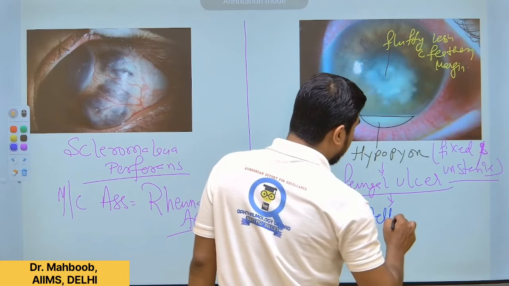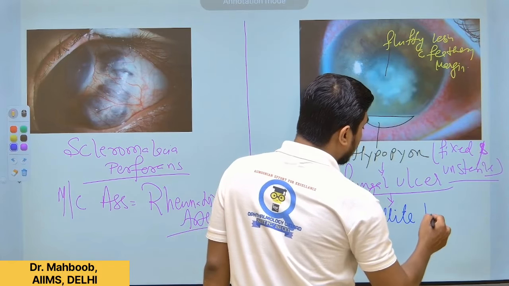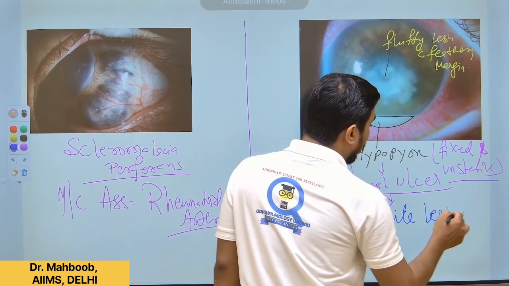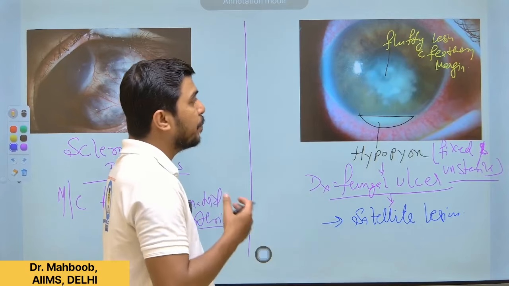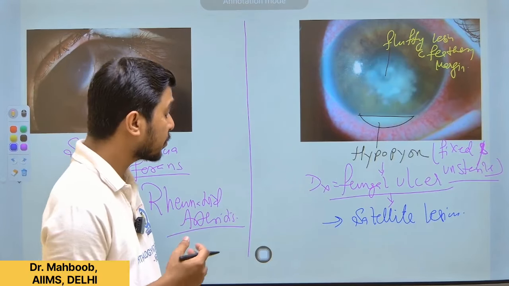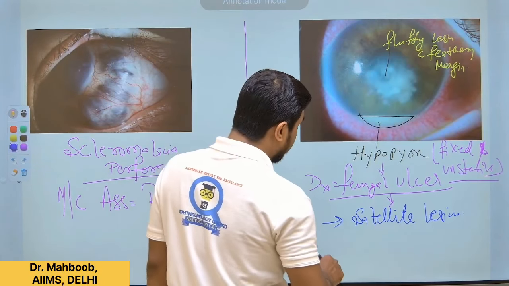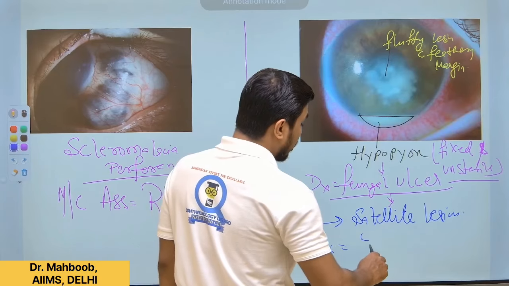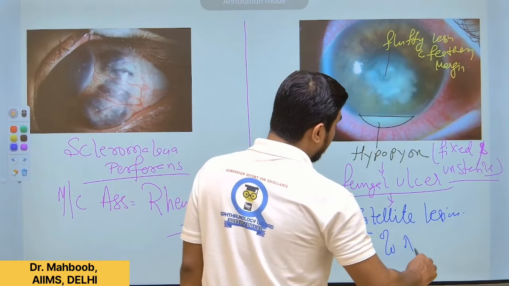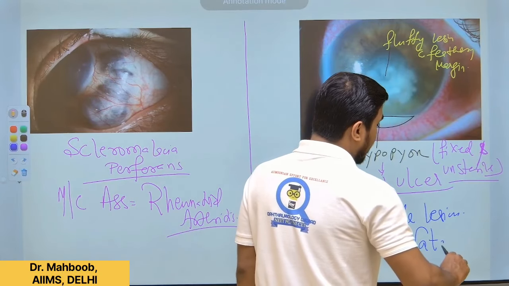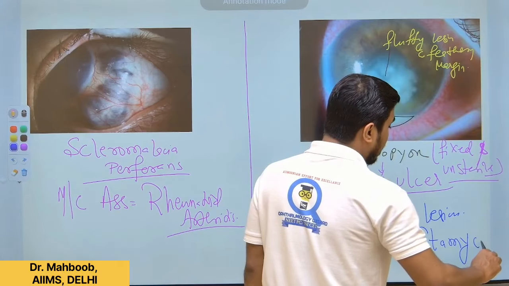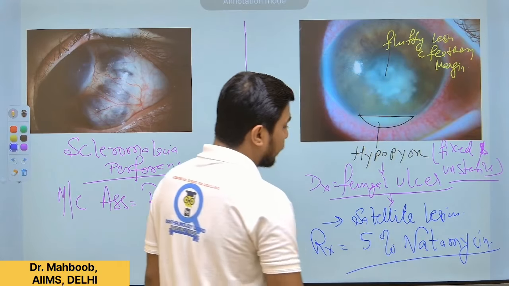Satellite lesion is also a very important feature of this. Treatment: 5% natamycin. Understood?